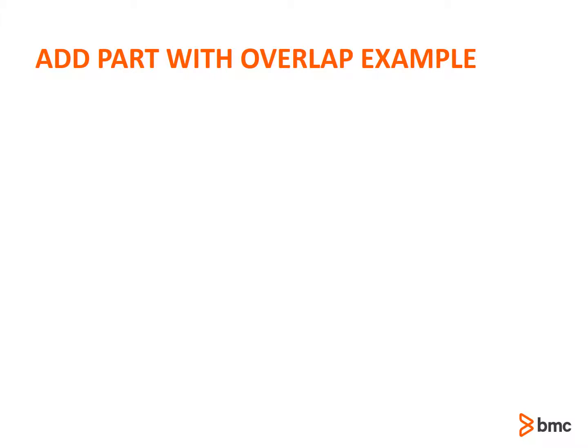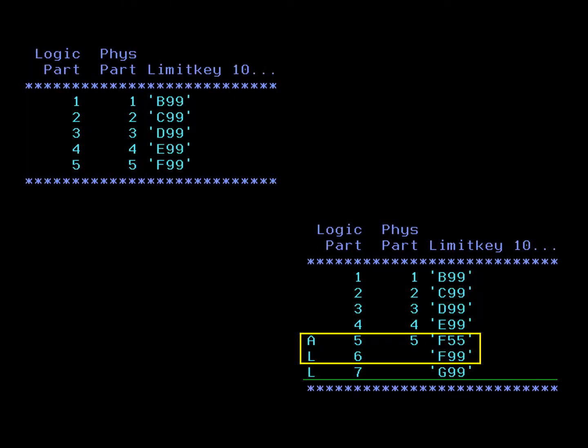First, we will look at a limit key overlap that involves adding a partition. So here you can see the original limit keys in the upper part of the screen. In the lower part, you can see the new changes specified to modify the last partition limit key and add two new partitions.